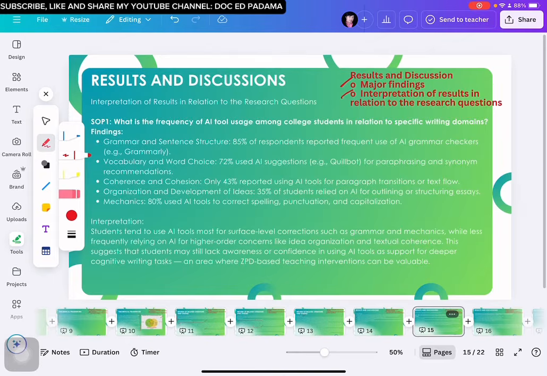So as I mentioned earlier, for this particular part, we have reposted the SOP, specific problem number 1, which is highlighted. And then after that, a summary of the findings is presented. Okay, so there are 5 domains.